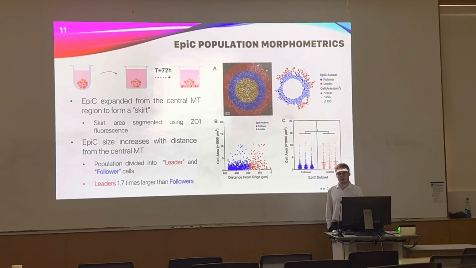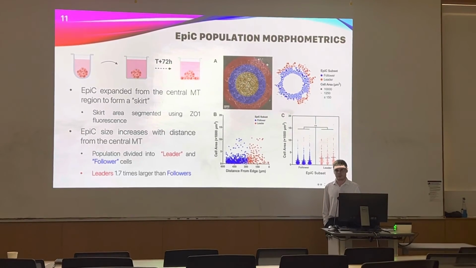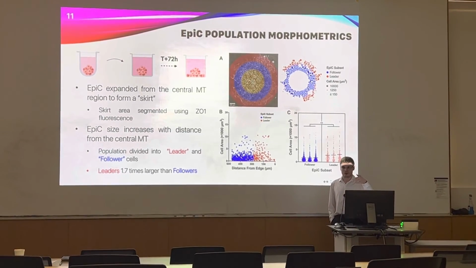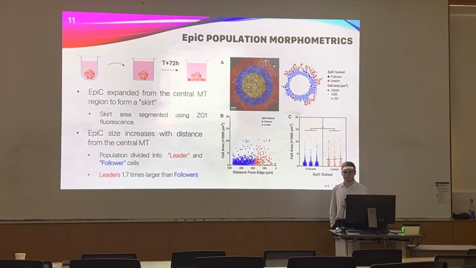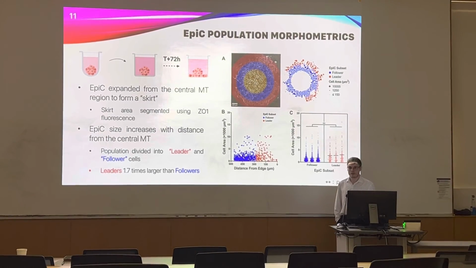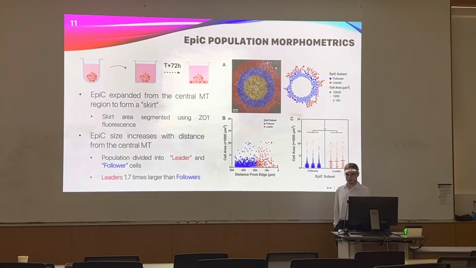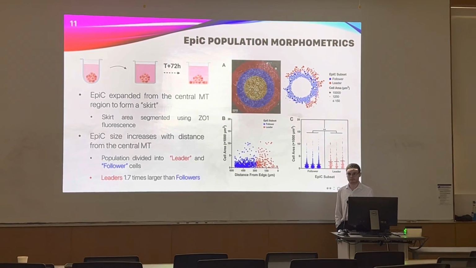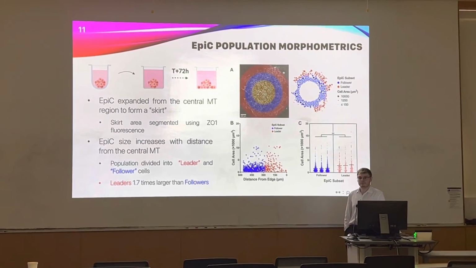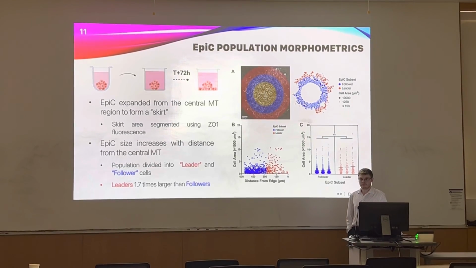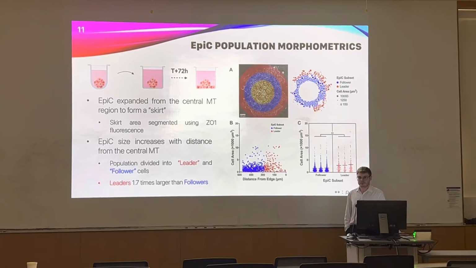So I think you could potentially look using something like FUCCI for cell cycle activity. But as far as the actual leader-follower differentiation, I'm not sure if there is any particular marker that's known at this moment. Okay, so you haven't done any bulk or single cell sequencing to see the difference? Not yet.